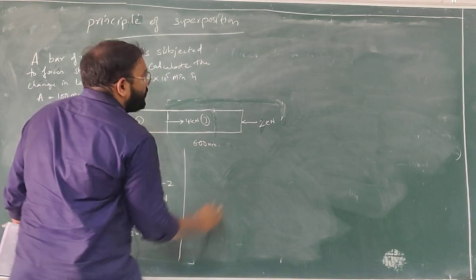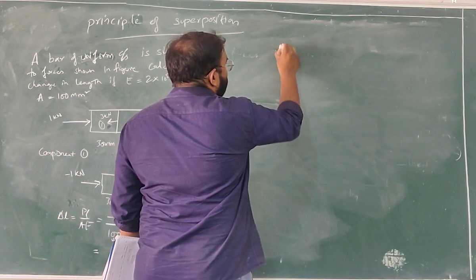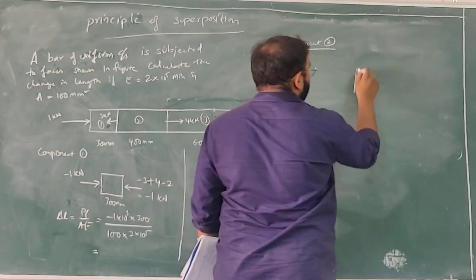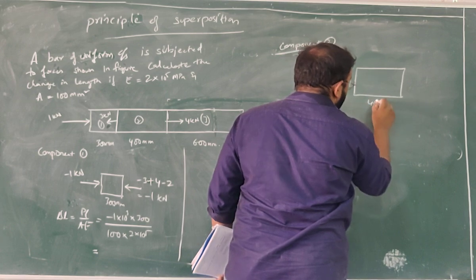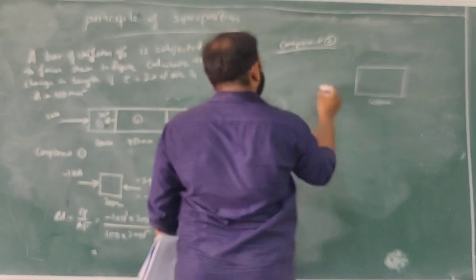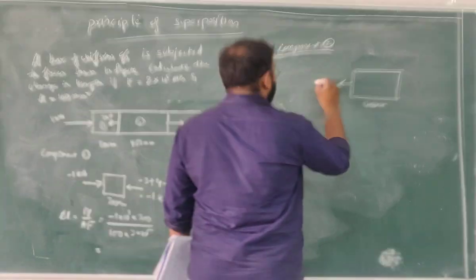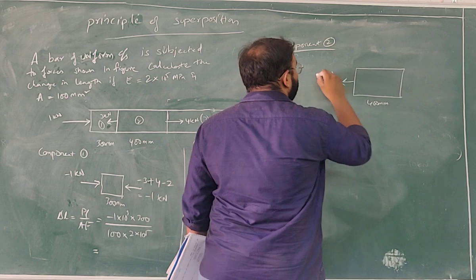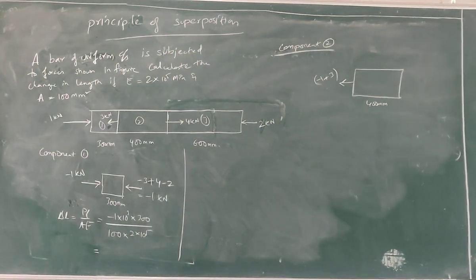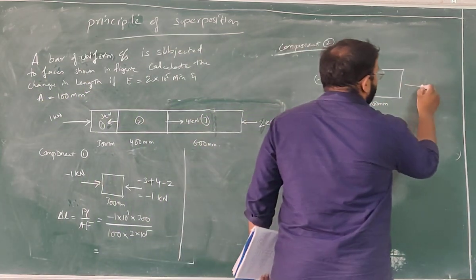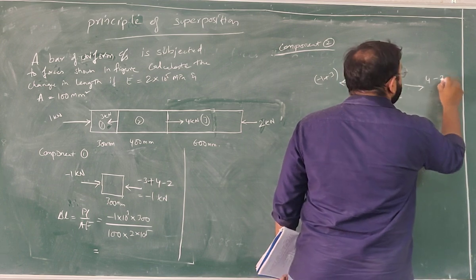This is component 1. Now moving to component 2, 400 millimeters subjected to tensile force here. It is minus 1 plus 3. And on this side you have 4 minus 2.